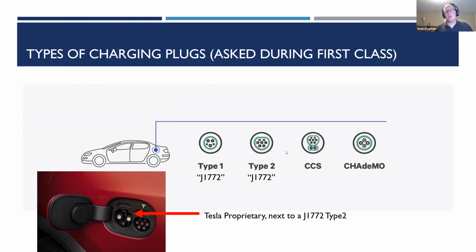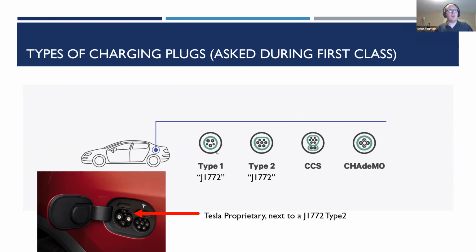And then it may have the type 2, and it may have the CCS, which is a fast charging plug. So you would usually pay for that option. And if you have that, then you can use either the type 2 or the fast charging in that one plug. And then the CHAdeMO is a Japanese standard that Nissan and other Japanese manufacturers tried to push for fast charging.